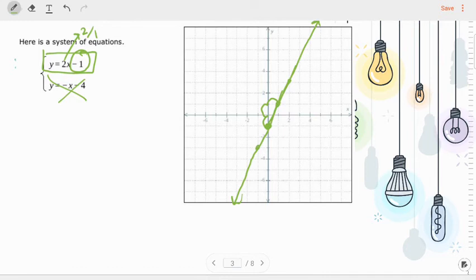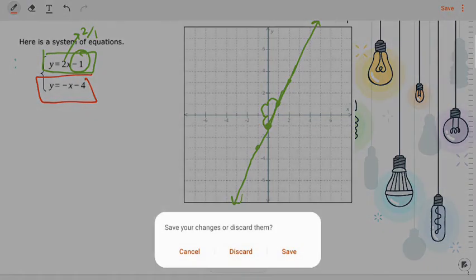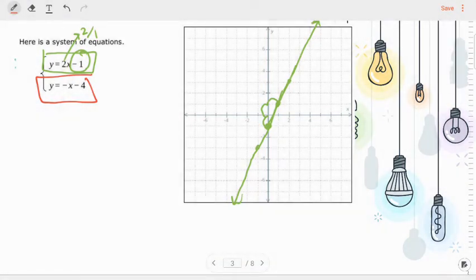Now we're going to focus on the second equation. Where's my starting point? My starting point is the number that's by itself, which is -4. So start at -4 on the y-axis. There's my point. My slope, what number is that?